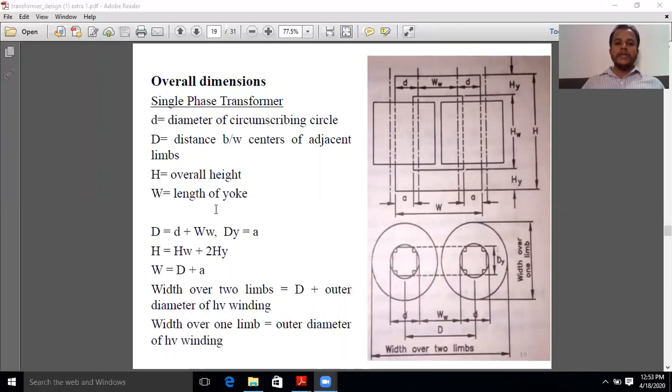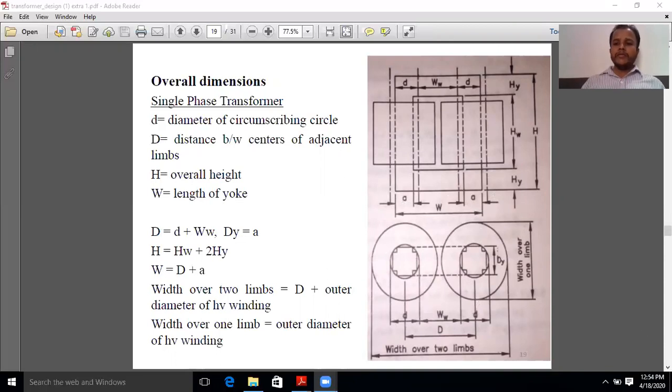Now the capital D will be given by small d plus Ww, and this dy is nothing but the A here. Now the capital H will be given by Hw plus 2Hy, and the W will be capital D plus small a. So this is for the single phase transformer.